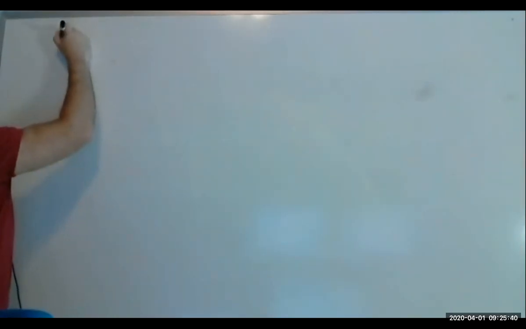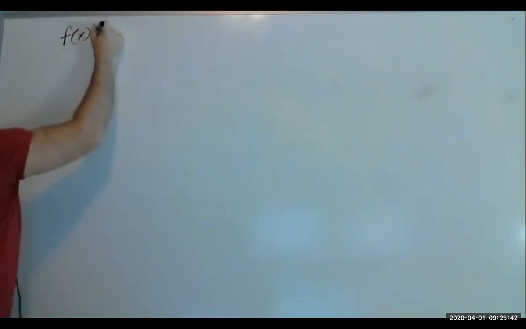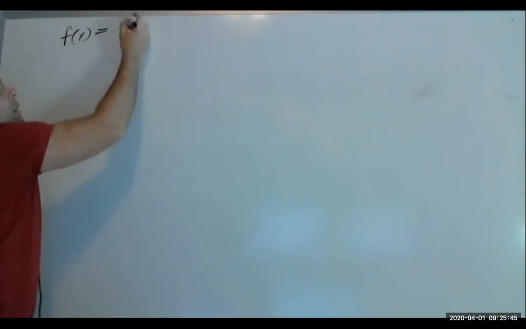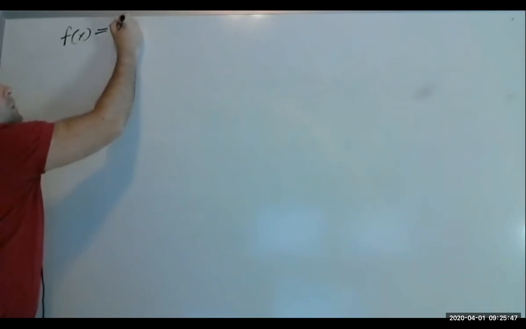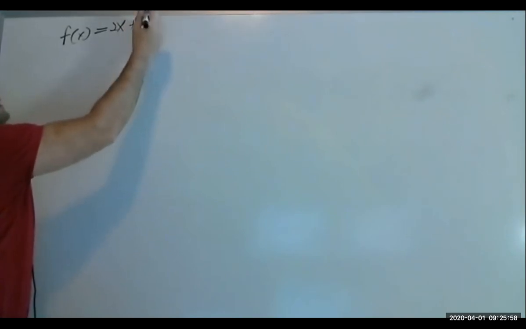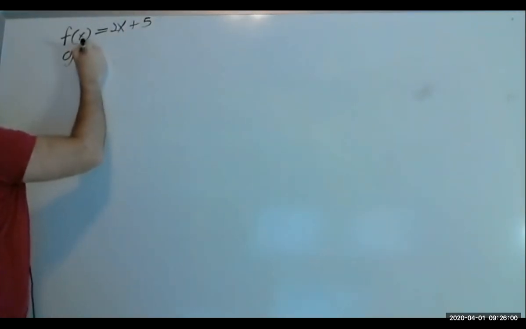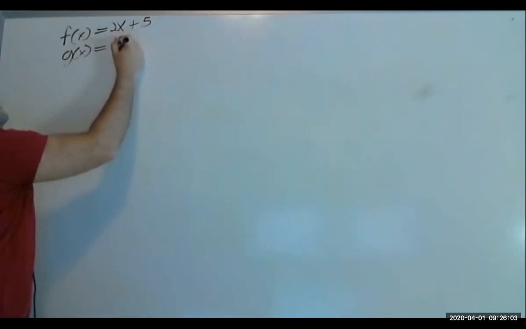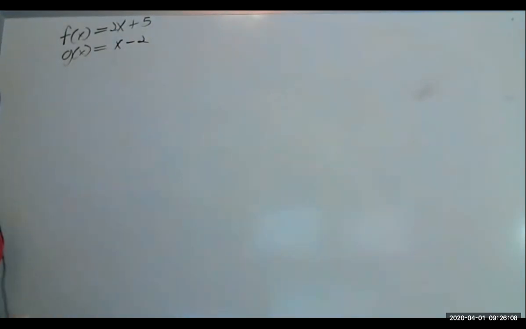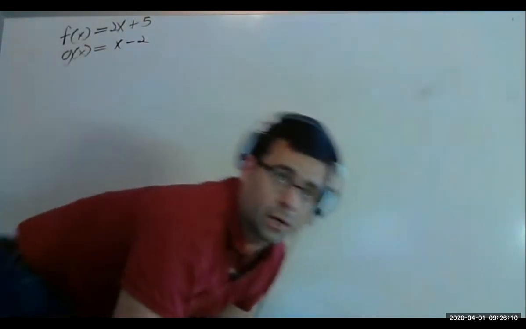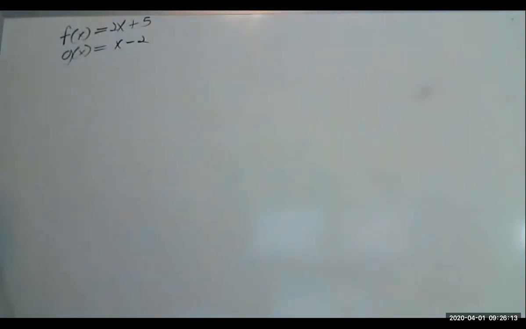So if I said f of x equals 2x plus 5, and g of x equals x minus 2, then we can look for values where f of x and g of x equal each other.